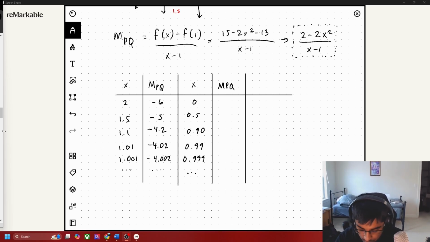For the other side, we haven't solved for any of it, so we're going to do this together. So MPQ at x equals 0, well, you can just plug in here. It's just going to be -2. Right? Yep.